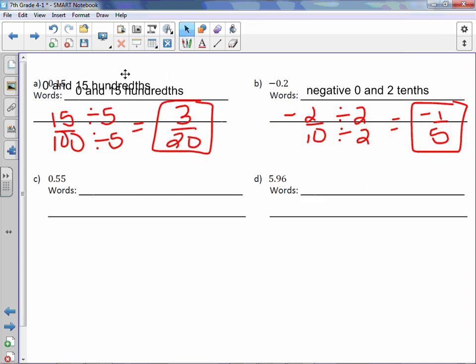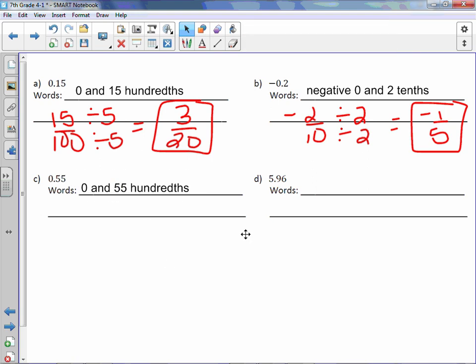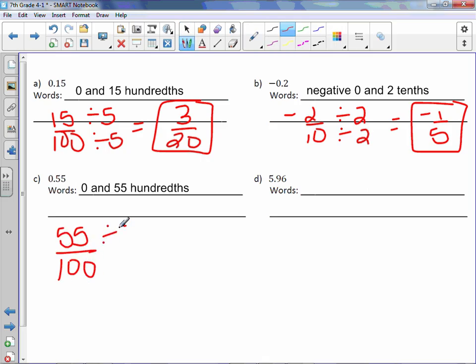Letter C, this would be 0 and 55 hundredths, which would be 55 over 100. Divide numerator and denominator by 5. We get 11/20 reduced.